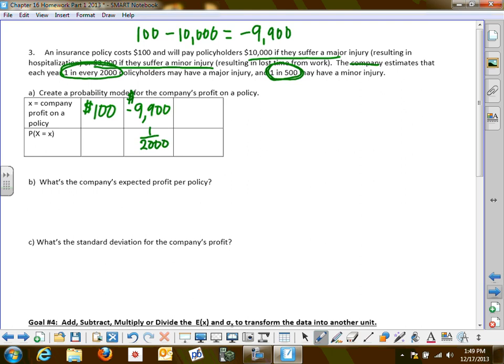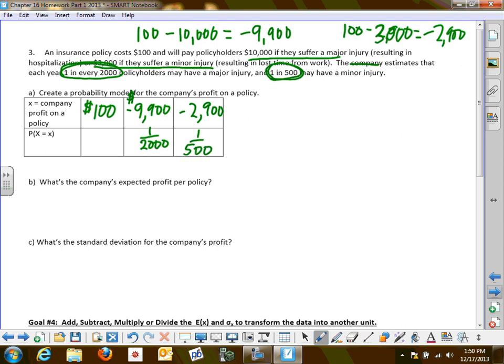All right, and then now you get the way this works. For the minor injury, they would be out how much? $2,900. They gave the company $100. The company pays out $3,000. So the company is out $2,900 for every minor injury, and that happens 1 in every 500 times.